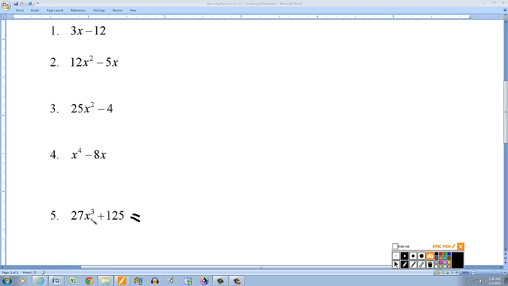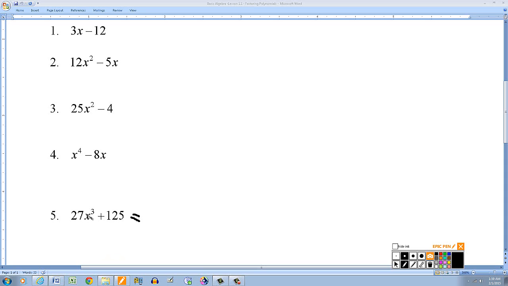There's nothing common to both of these terms here. So the GCF is 1, so there's nothing I can do there. But I notice that it's a sum, and 27x to the third is the same thing as 3x quantity cubed, and 125 is the same thing as 5 cubed. So this is a sum of cubes.